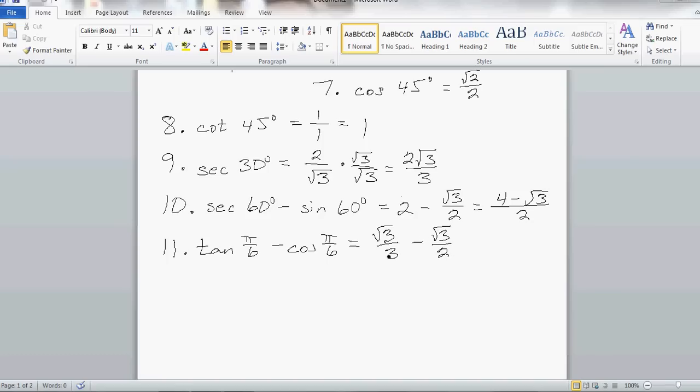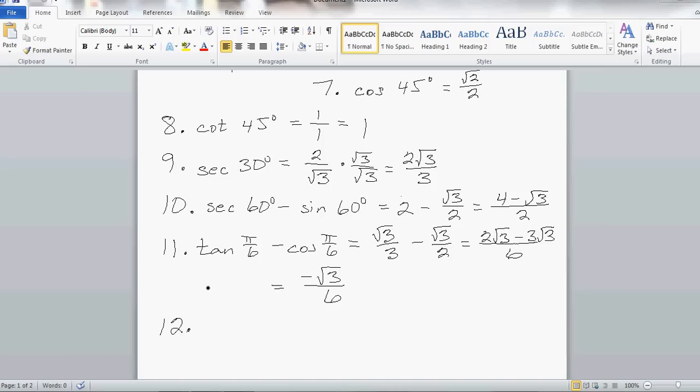Once again, we want to combine this into one fraction, so it will have a common denominator of 6. This becomes 2 root 3, and this becomes 3 root 3. Now we can combine the numerators because they are like terms, and so we get negative root 3 over 6. This is as simple as this one gets, and so we have our final answer.